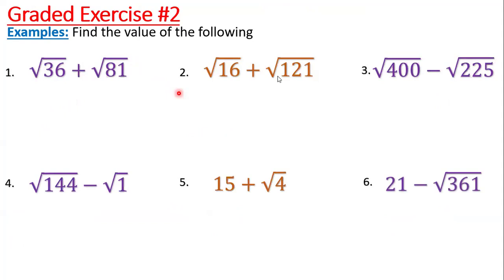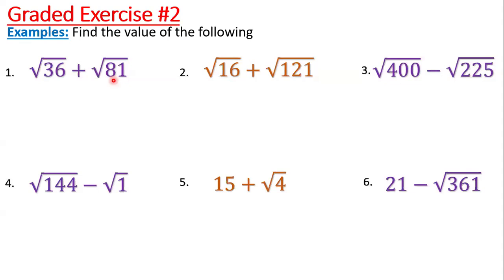Kanan, read the questions for me, please. Number 1. The square root of 36 plus the square root of 81. Number 2. The square root of 16 plus the square root of 121.